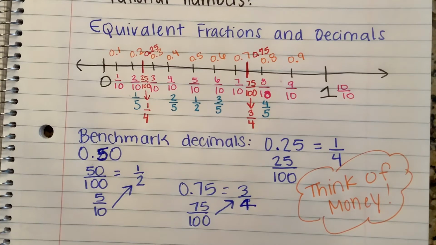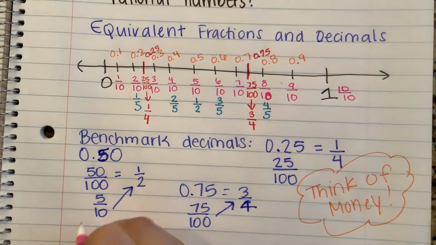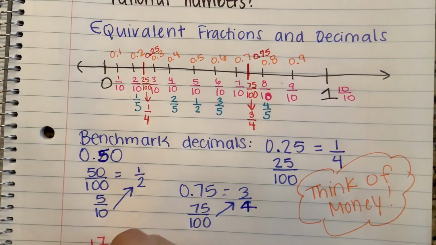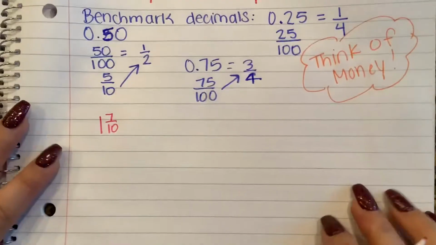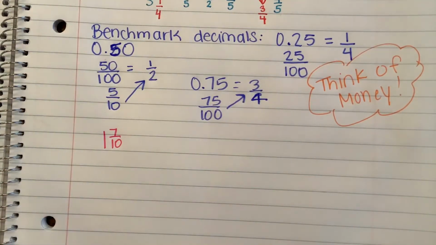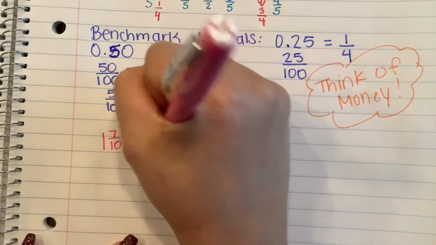Now we're going to talk about converting fractions to decimals and converting decimals to fractions. So first, we are going to take a look at this one. 1 7/10. We are going to convert from fraction to decimal.